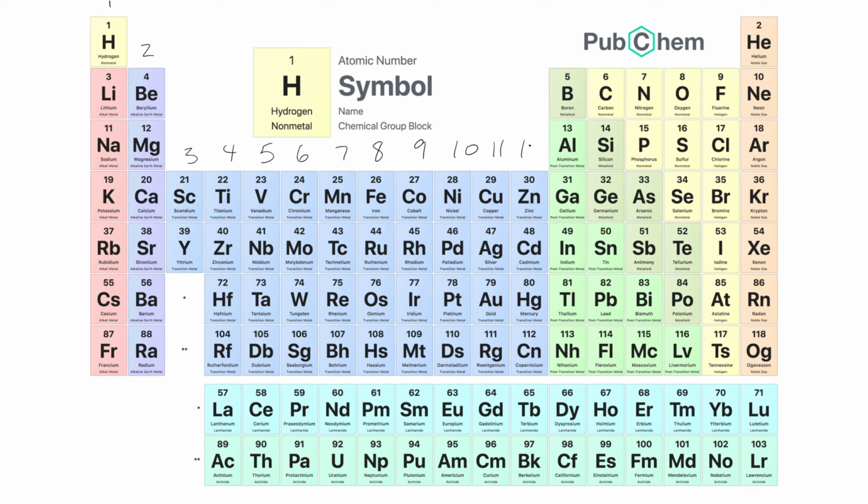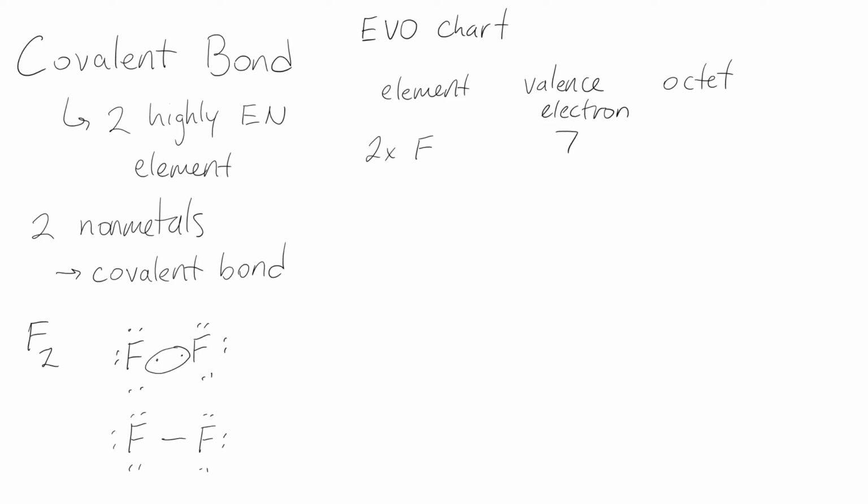Fluorine is in group 17. When we're looking at covalent bonds, we're mostly looking at nonmetals, so we can just look at the very last number to know how many valence electrons that element has. Since fluorine is in group 17, it has 7 valence electrons. Just a really quick shortcut there.